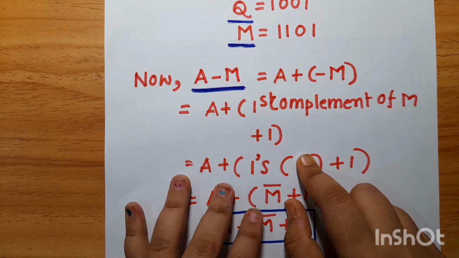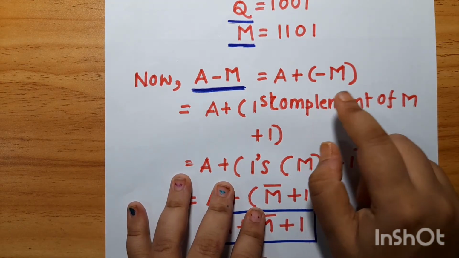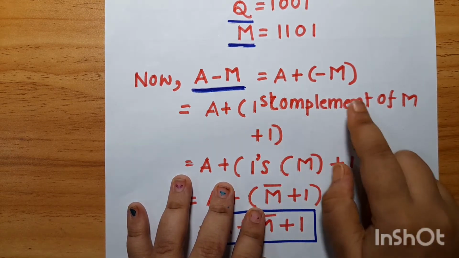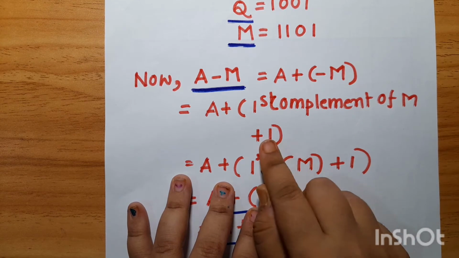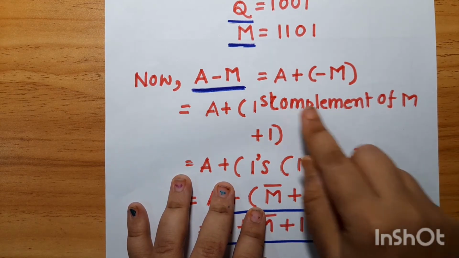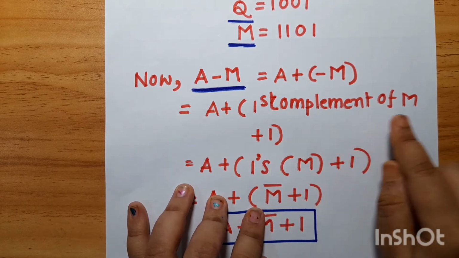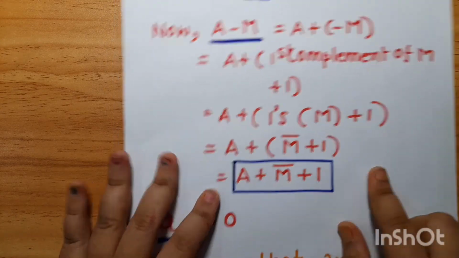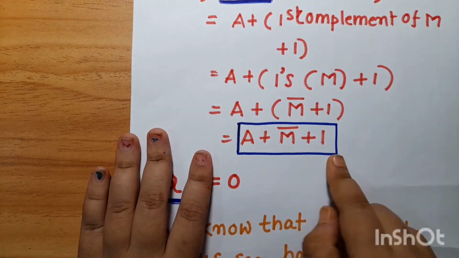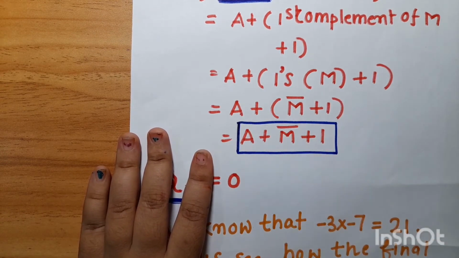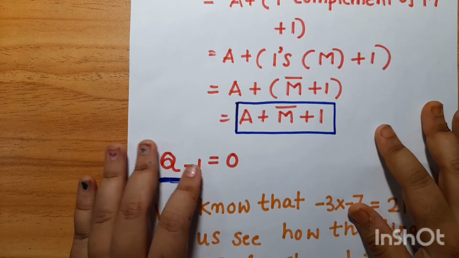So if I want to get the minus of M, I need to do the 2's complement of M, and the 2's complement is what? The 1's complement of M plus 1. So A plus the 1's complement of M plus 1, and I can put it like this: A plus M bar plus 1. M bar is the 1's complement, where all the bits are inverted.